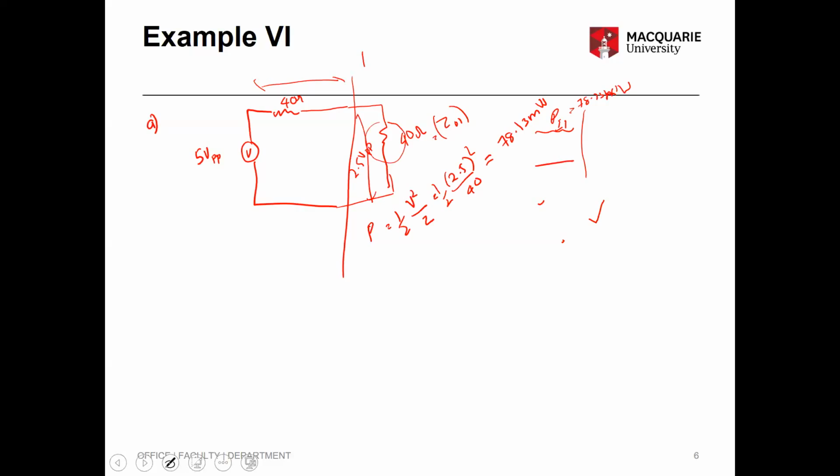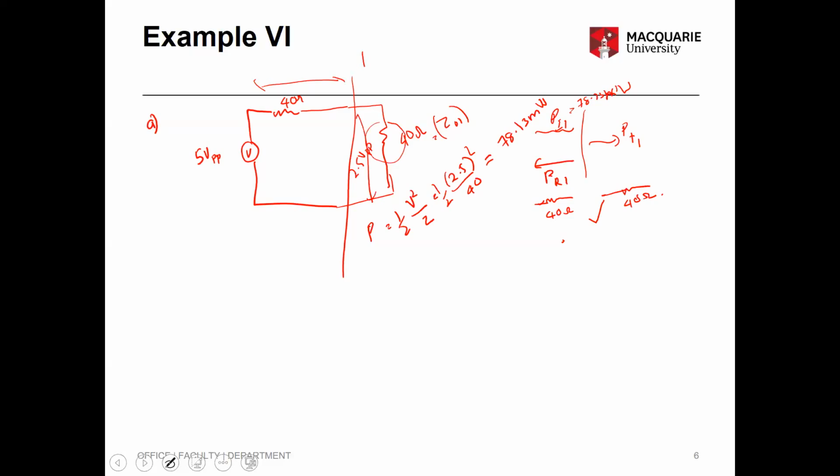Then you have a reflected power PR1, and then you have the transmitted power PT1, right? So what is the PR1 at this interface? It's this 40 ohm here, and that's 40 ohm here.